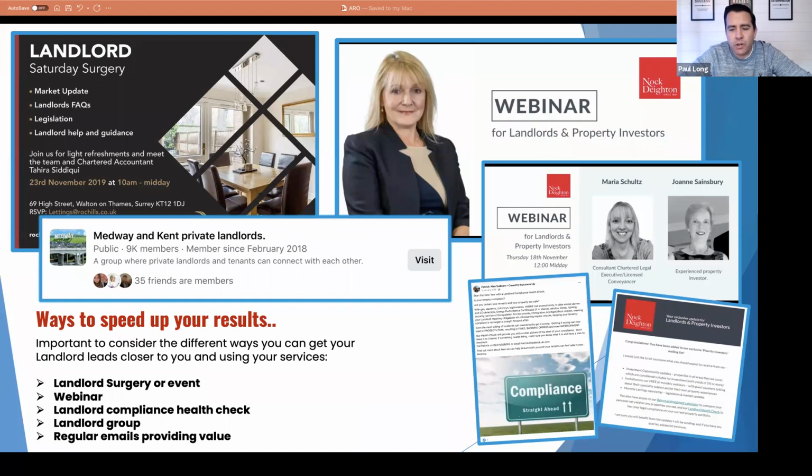And then, of course, we've got down the bottom there, compliance health check. This is something which a lot of agents will use to try and get leads to come a little bit closer to them. A compliance health check is where you can offer, via email or even a phone call, a check where they can bring their documents to you, and you can check that they are complying with all the legislation and regulations that are out there at the moment for landlords.